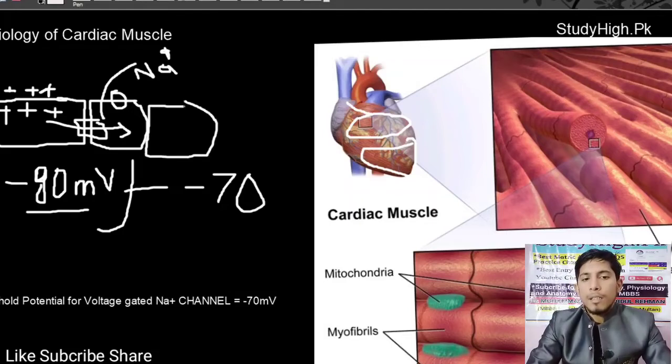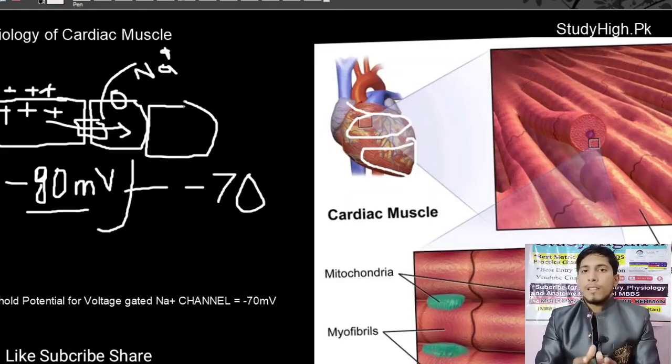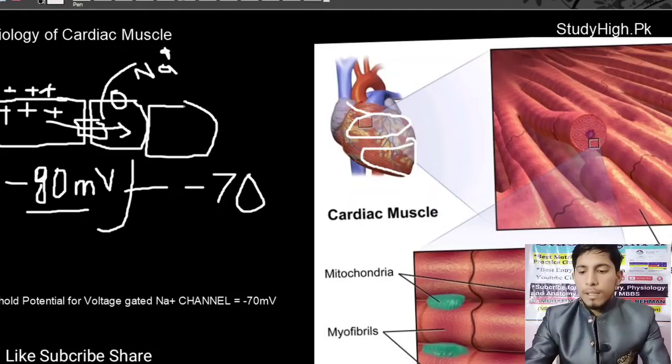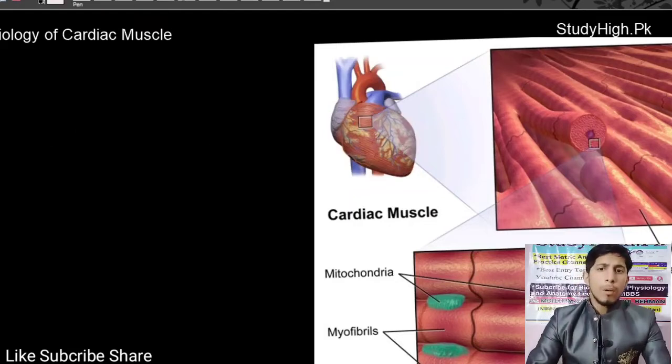And in the same way, the action potential can be transported to all the cells that are connected with the intercalated disc. So now you can understand how the cardiac syncytium is helpful in transport of impulses from one part of the heart to another part.